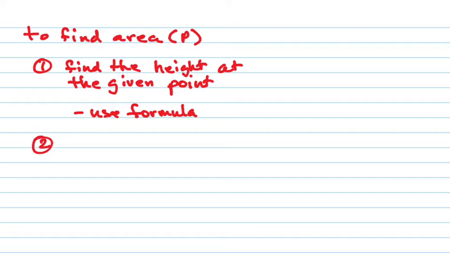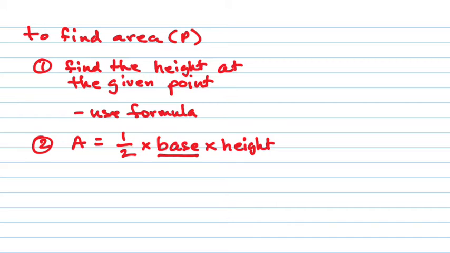Second, after you find that height, then you need to remember that the area of a triangle is 1/2 times the base times the height. Right? Which is why we had to find the height before we could do this problem. The base is simply the thing on the bottom.